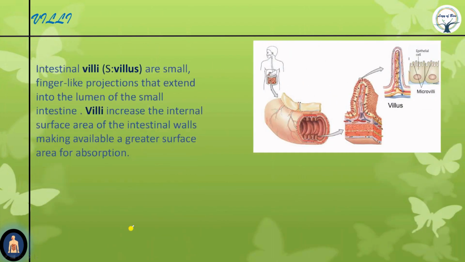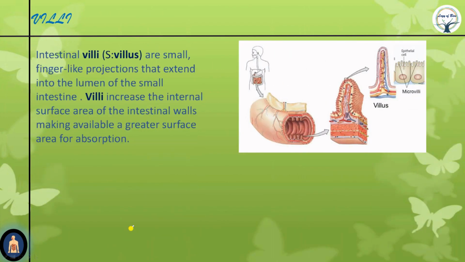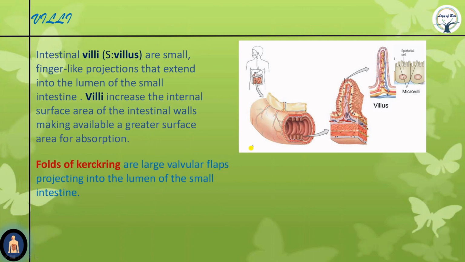So after the intestine, we come to villi. Villi are tiny finger-like projections that extend into the lumen of the small intestine. But clear your concept now. Our intestines have tiny folds, known as folds of Kerckring. See, this one is the fold of Kerckring, and this fold has tiny projections known as villus.